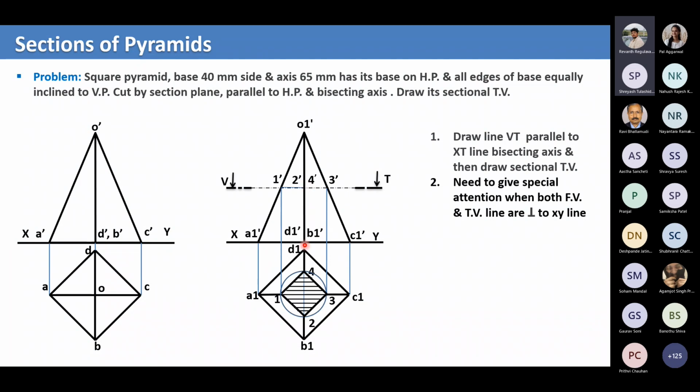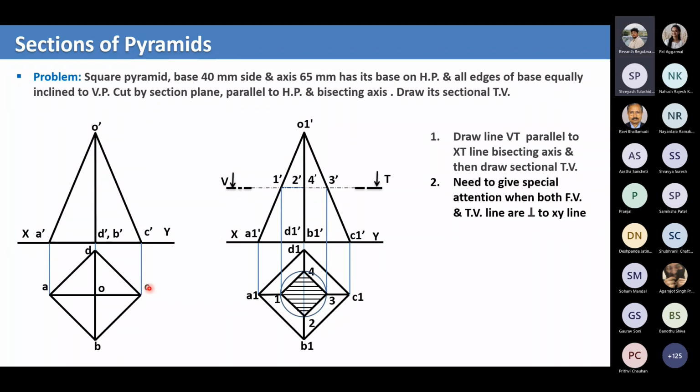We can't bring down a projection here and make it intersect our edges, because this vertical projector will be coinciding with our O1 D1 and O1 B1. So we don't know where it is intersecting exactly. So that's why we take how far from the center it is actually intersecting.